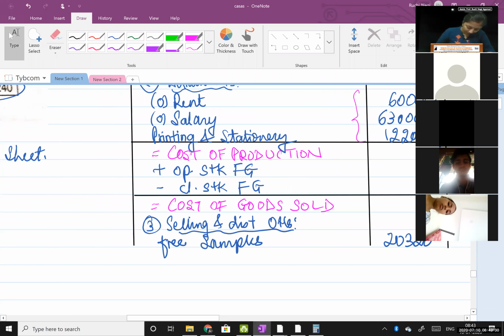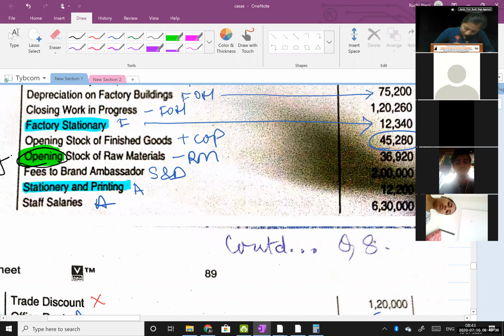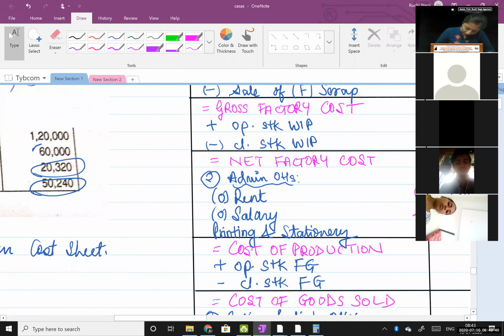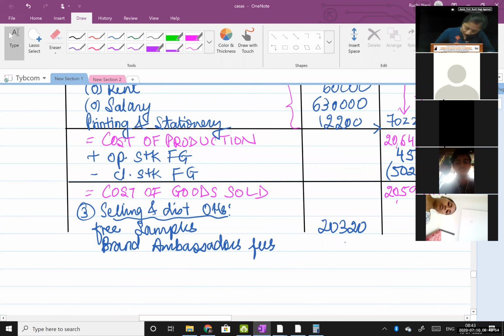Next, this is done, this is done. Brand ambassador fees, this is 2 lakhs.